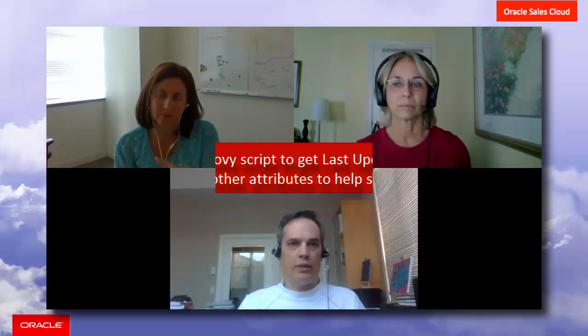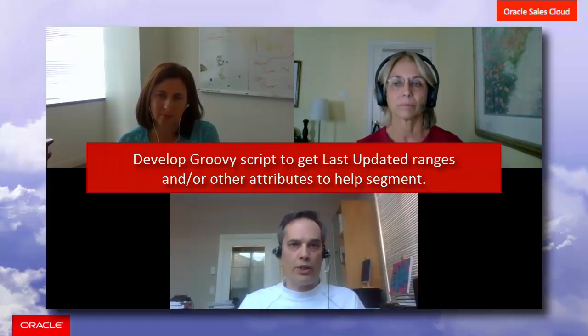If you're over 100,000, 200,000, that sort of range, start to look at segmentation options that may be available as illustrated here. You may run some Groovy script to get last updated ranges. You may do Groovy scripting to get other attributes to assist in segmenting that 200, 300,000 or more size.